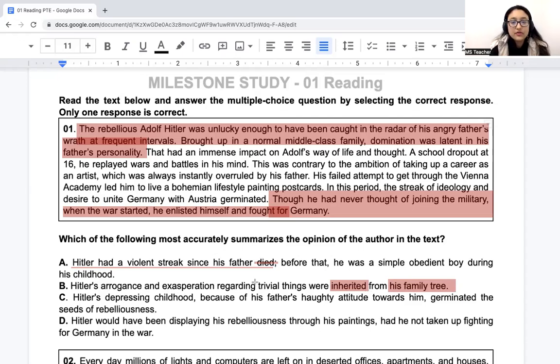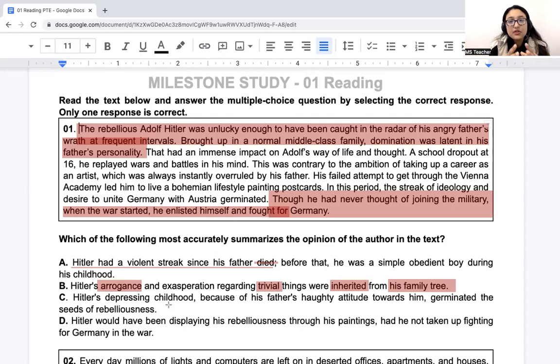No. What about trivial things? Trivial means small, minor. And arrogance means became very arrogant and did not talk to people, or became angry at certain times, had bad temper. I can't find the word trivial. I can't find any similar word related to trivial, and also can't find anything that they said about inherited.